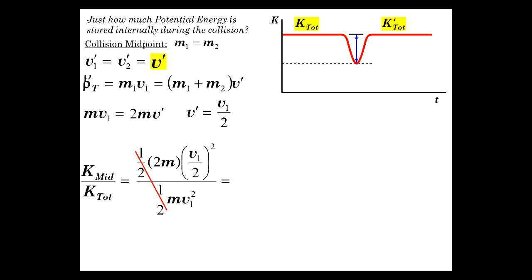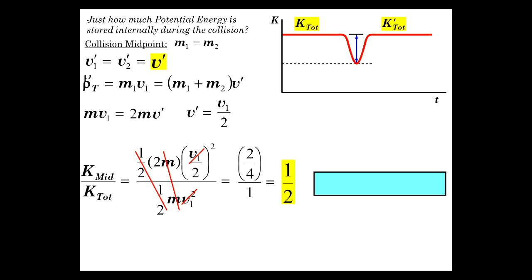All right, so cancellation here. Plenty of cancellation. I like cancellations. Which gives us 2 over 4, which is 1/2. So we have our answer, namely, that the ratio of those kinetic energies, the kinetic energy in the middle is half of the kinetic energy total, or 50%.